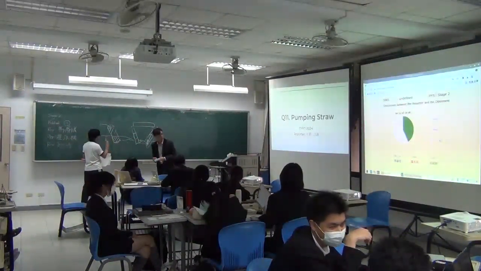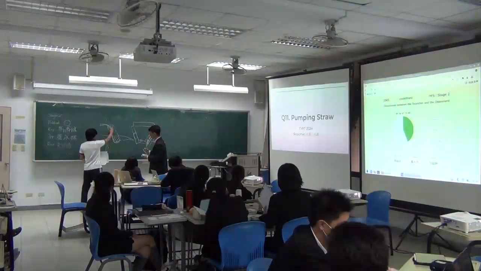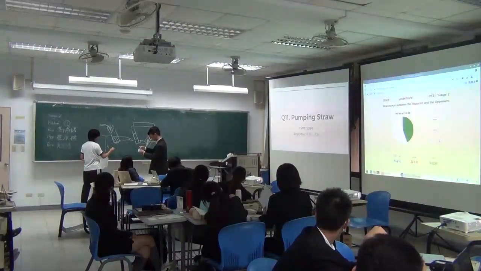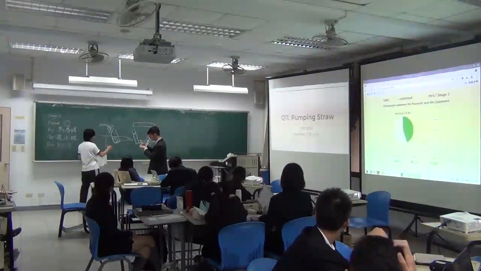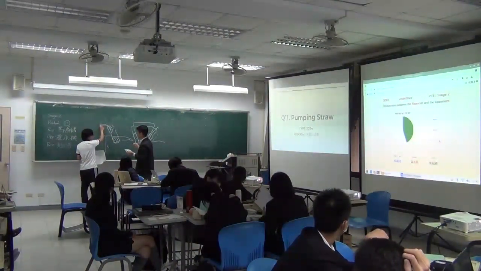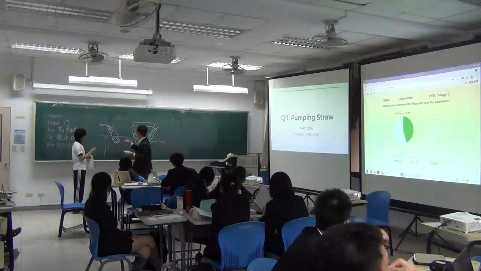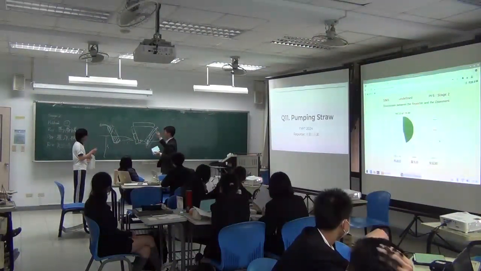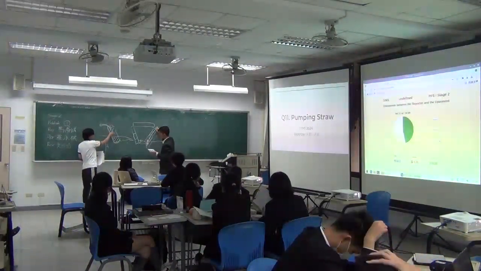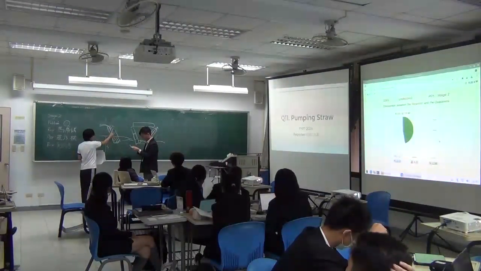When we are turning the straw, the air might be pushed out, and the thicker the straw is, the more the pushed-out air will increase. Okay, so it's about the air going out, and I think it will affect the force you mentioned. Yeah, and the air pressure will not be stable, causing the water to also be pushed out.